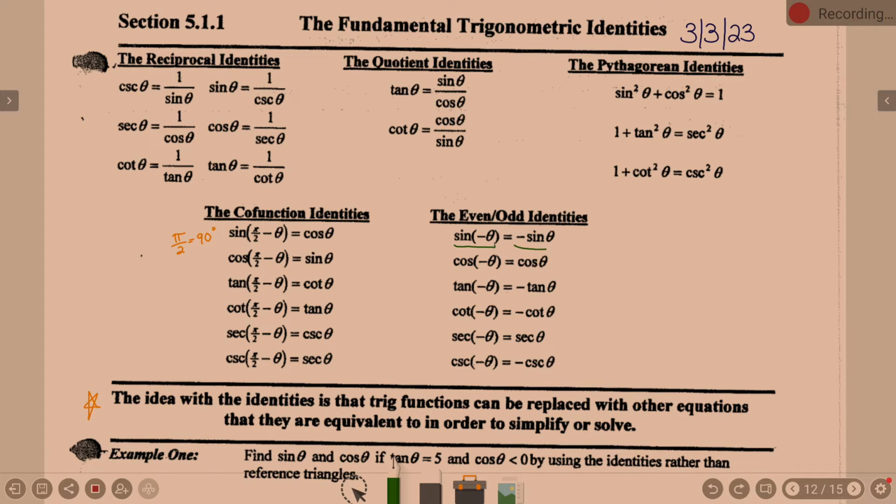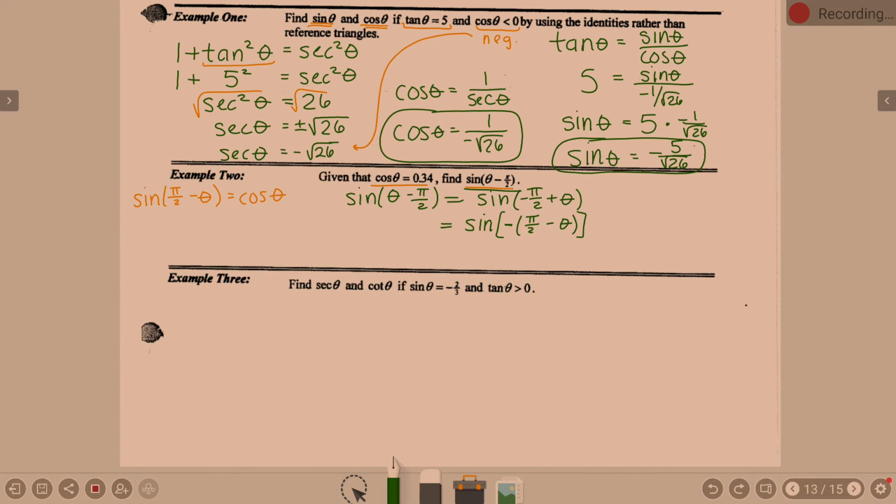So I can take that negative out there and say that this is the negative sine of pi over 2 minus theta. Now am I officially there in that we have a negative, but what do you know about sine of pi over 2 minus theta?